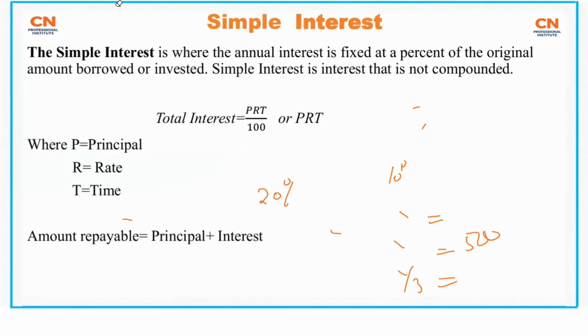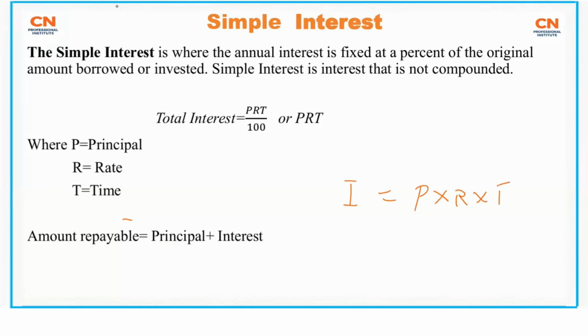Now, you can make any of the elements the subject. For example, you can be given simple interest and be asked to calculate time or rate. Interest is equal to principal, rate, and time. I told you can divide by 100 or not. You can be given interest, rate, and time and be asked to calculate the principal.